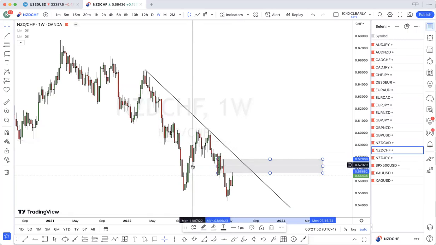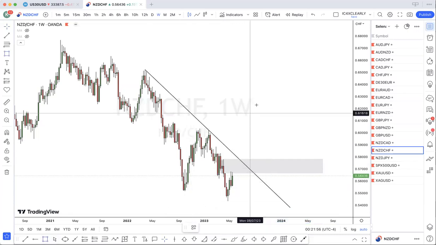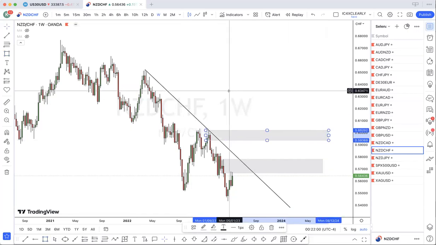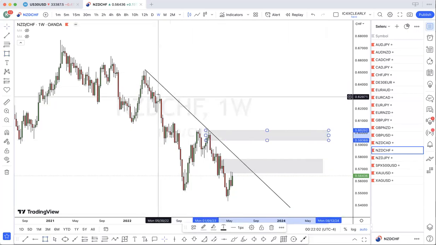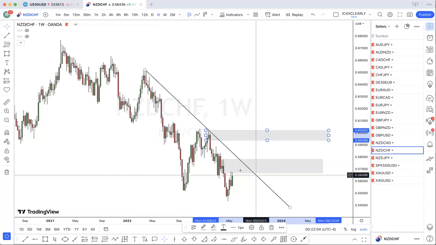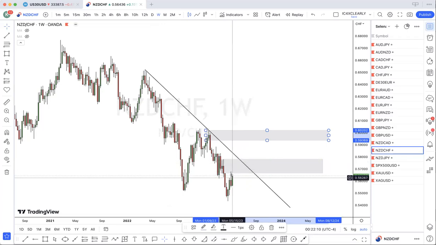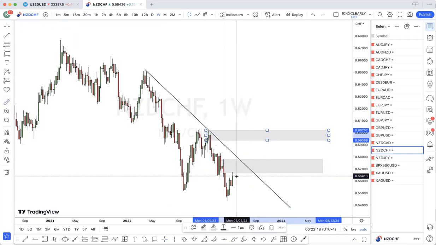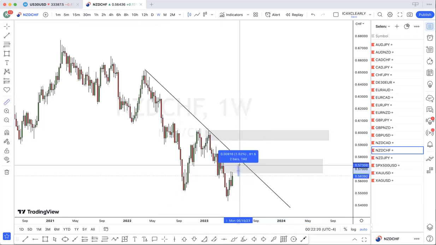You have an area of supply here. You have a weekly area of supply here, and then you also have supply up here. But for now, we're looking at the right now. So for next week, we may get a few days pushed up into the wicks of this order block.